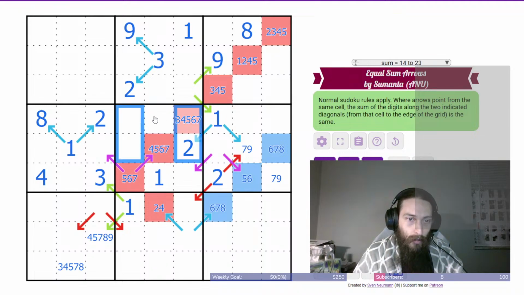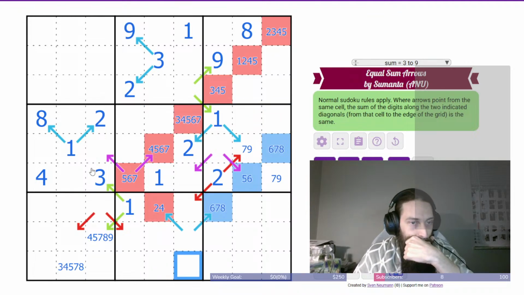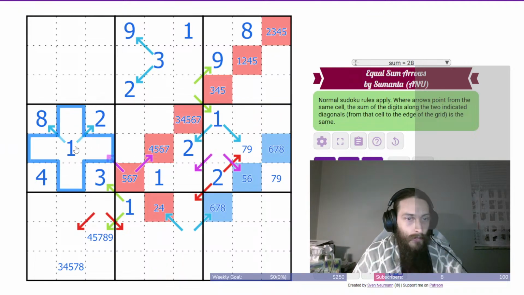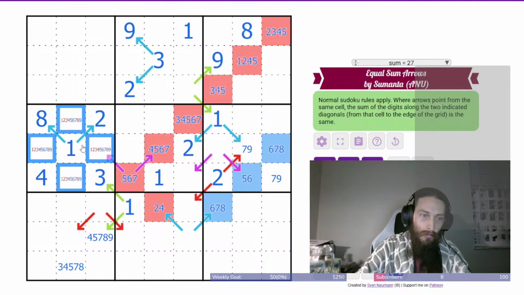Where's 3 in this box? Those. Where's 3 in this box? Okay. What's remaining in here? 1, 2, 3, 4, and 8.